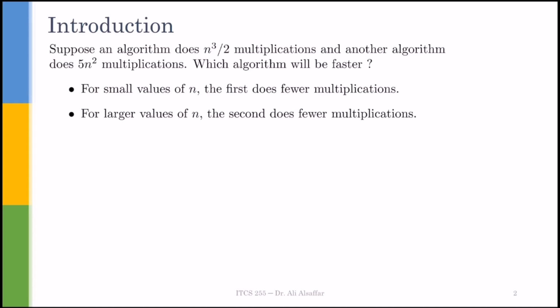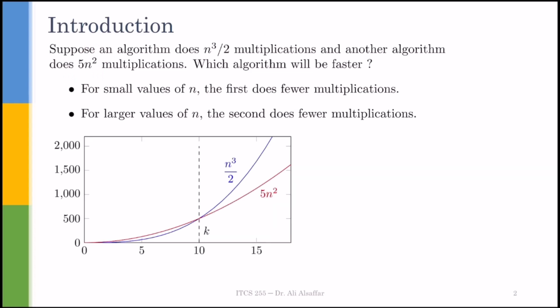We can also find the relationship between these two functions by drawing their graphs. This is the graph of the two functions. The x-axis represents n, and the y-axis represents the value when n is substituted into these functions. The red color graph is for the second function, and the blue color graph is for the first function.